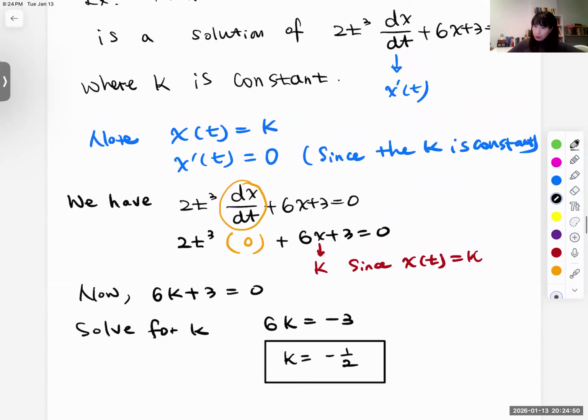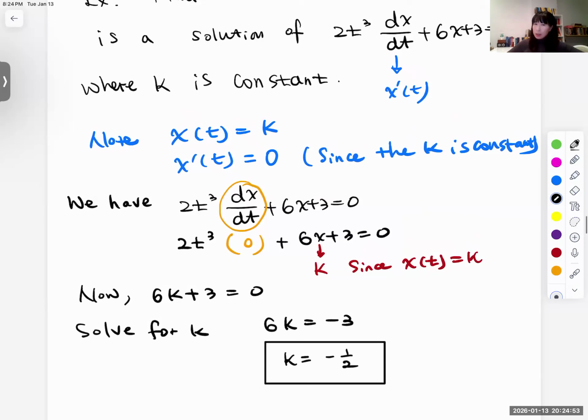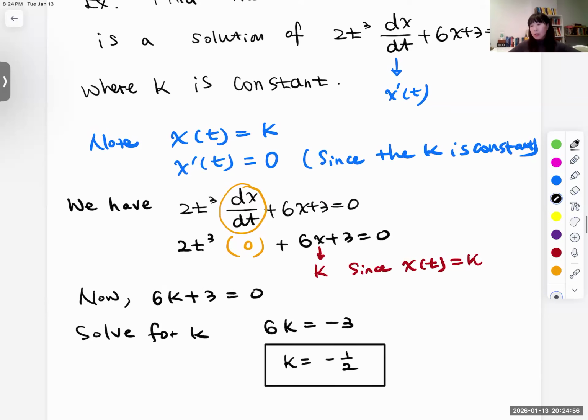Like earlier, y equal to something is a solution of a differential equation, right?